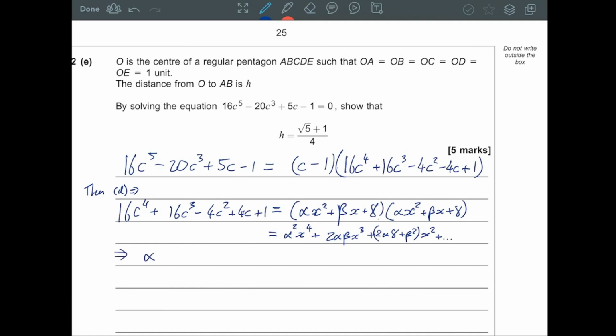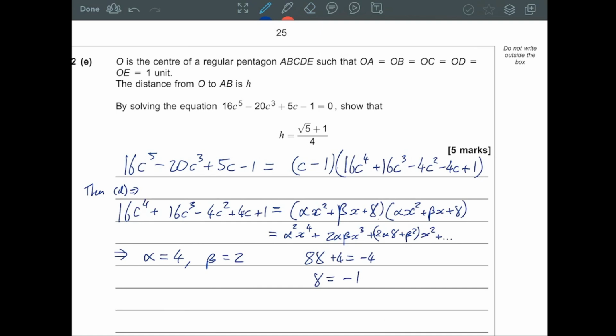So alpha we can pick to be 4. 2 times 4 times beta is 16, so that's 8 times beta. So beta we can choose to be 2. And then finally, 2 alpha gamma is going to be 8 gamma, plus 4 equals negative 4, which means that gamma is actually going to have to be negative 1.